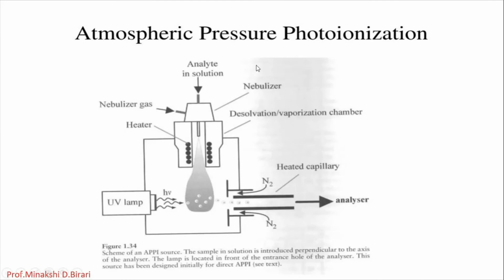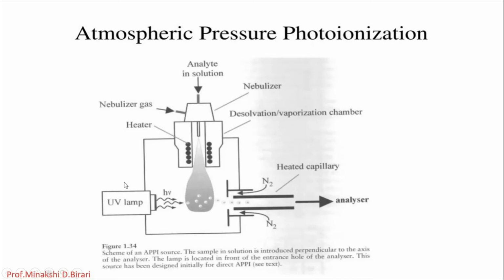APPI, atmospheric pressure photoionization, is also a type of soft ionization technique based on the mechanism of evaporation. APPI is similar to APCI, but ionization in APPI is due to photons generated by a UV lamp or UV light of a krypton lamp, whereas in APCI there is a corona discharge needle.